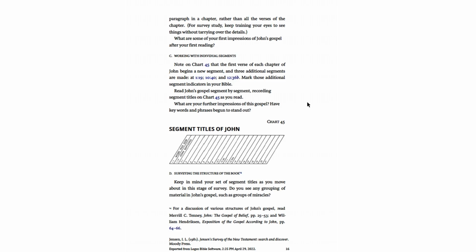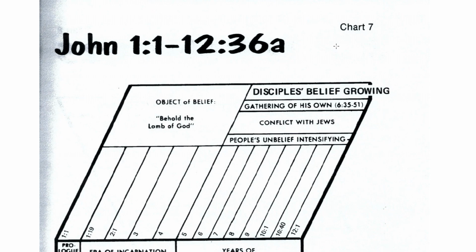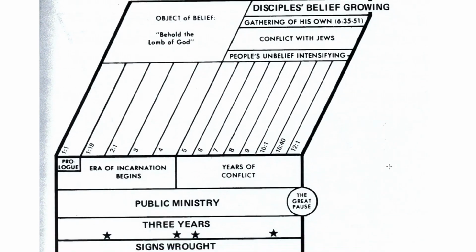Let me show you on the next page in that chapter 8. They expanded it. Chart 46 is actually seen here, and it's broken down. I found this in another one of Dad's chart books, broken down into 2 sections. So this is the actual download that you're going to get.